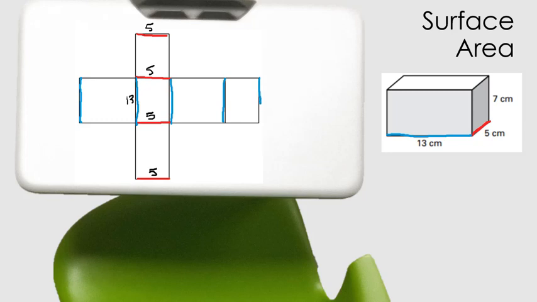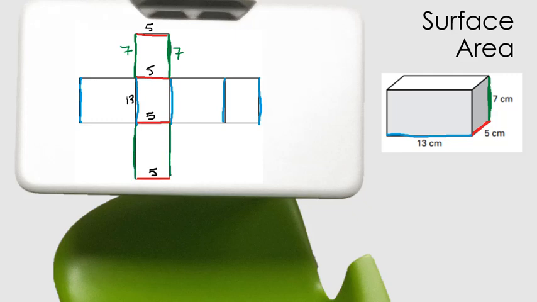So all of those are 13. And then we'll see how this green shows up. It's okay, I guess. So this part's 7. And that's going to be this part here would be 7. And this also down here would be 7.